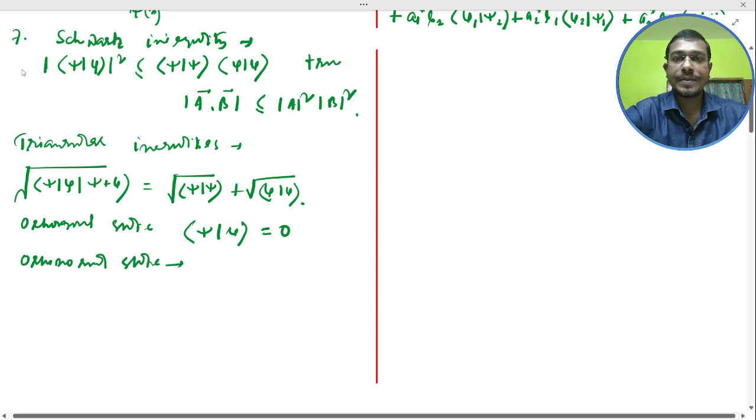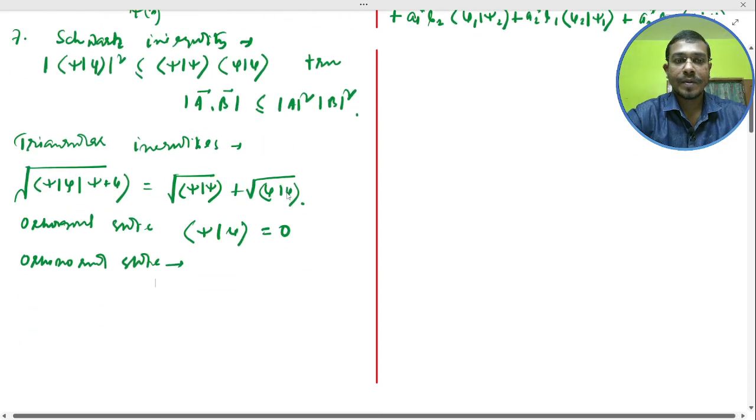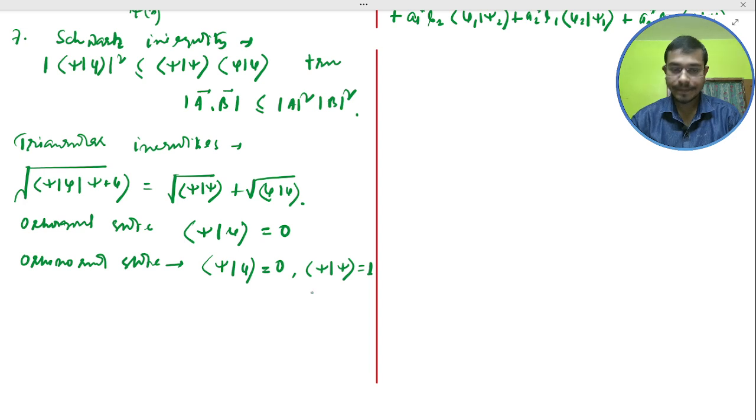Orthonormal state is basically that the inner product of psi with phi is equal to 0, psi with psi is 1, and obviously phi with phi is always 1. This is the orthonormal state.